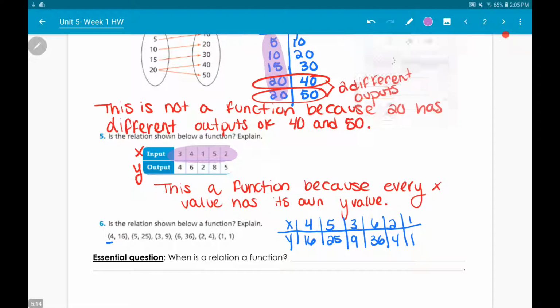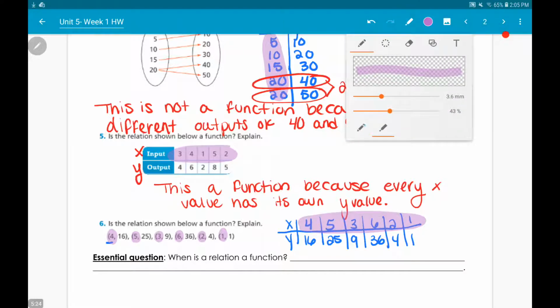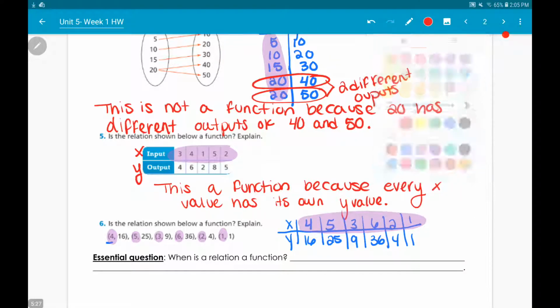So I didn't have to do that. I could just look at all my x's here. But when I look at this, it's just a little bit more clear for me, but that's just a personal opinion. So I look here. Are there any x values repeating? No, so this is a function.